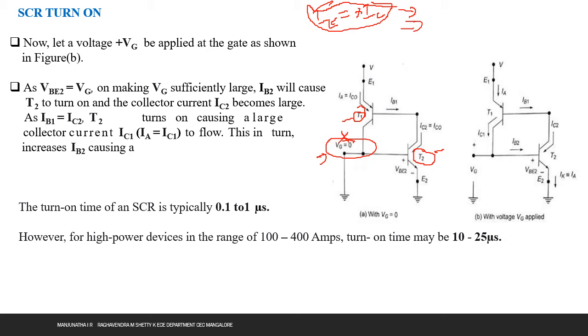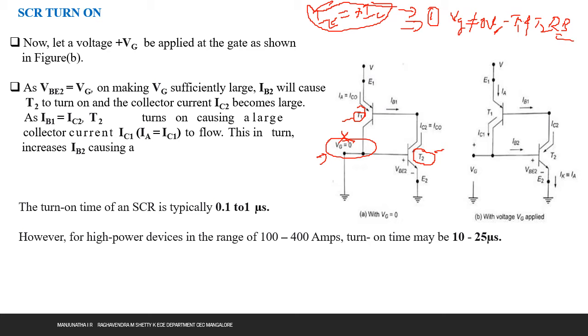This is the first thing we should know. The second thing is that Vg should not be 0 voltage. If it is 0 voltage, T1 and T2 become reverse biased, which we learnt in the previous slide discussion.